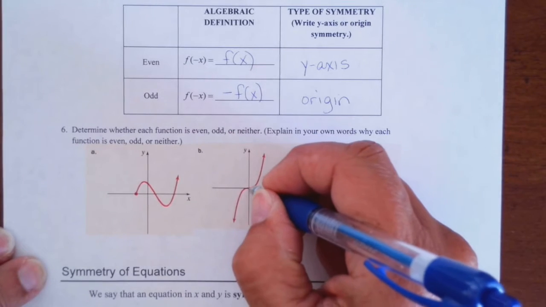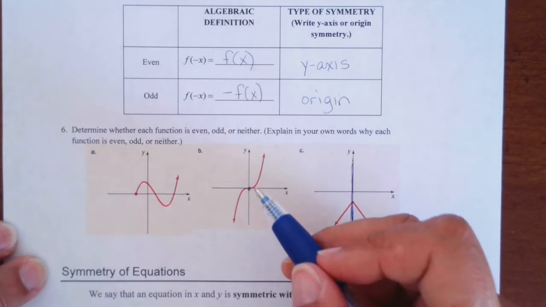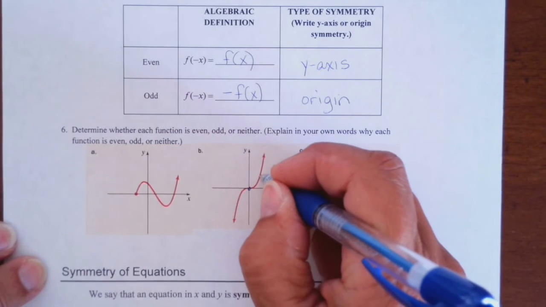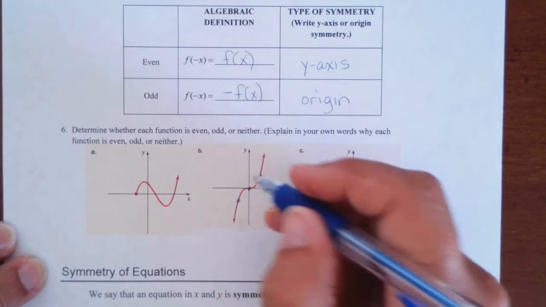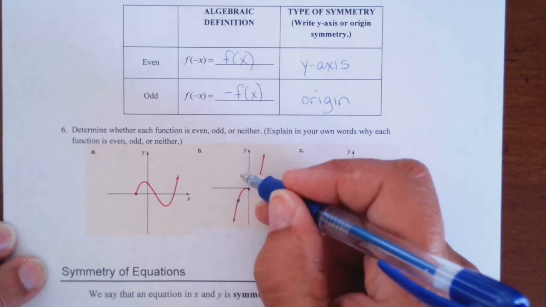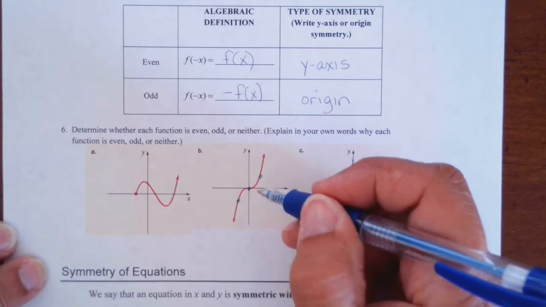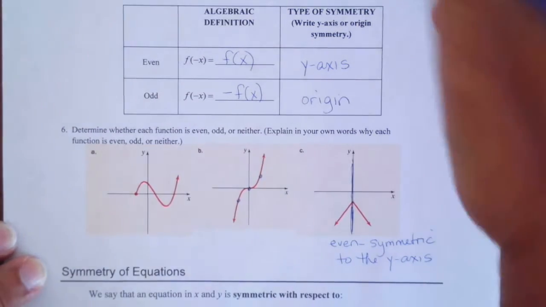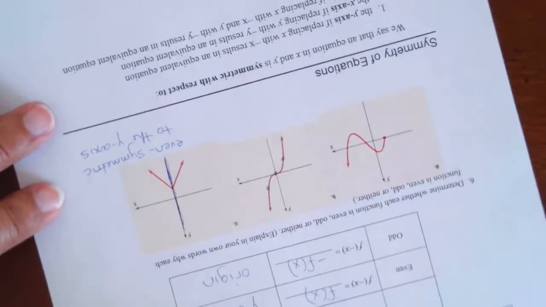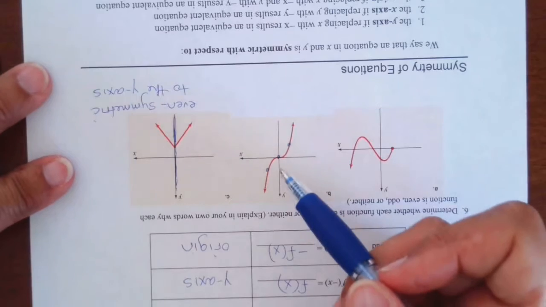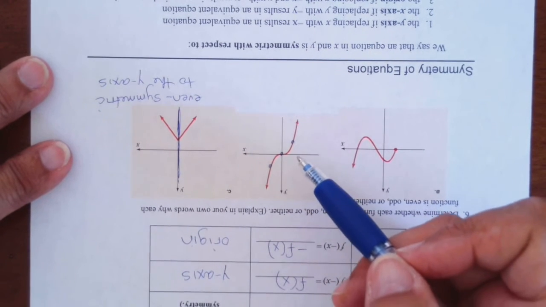Odd: symmetric over the origin. To be symmetric over the origin, any point here has to reflect over, kind of diagonal from it. Any point here would end up here. An easy way to tell if something is odd: if you flip your paper upside down, and this looks exactly like it did right side up, that's how you know it's an odd function.